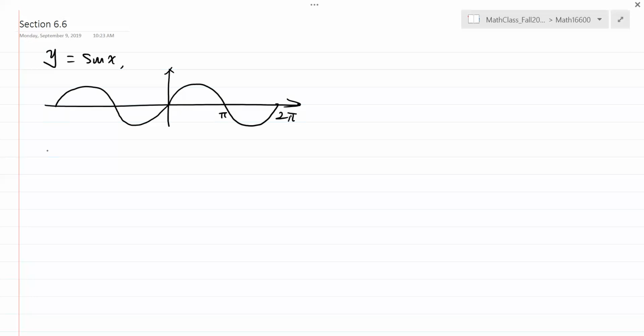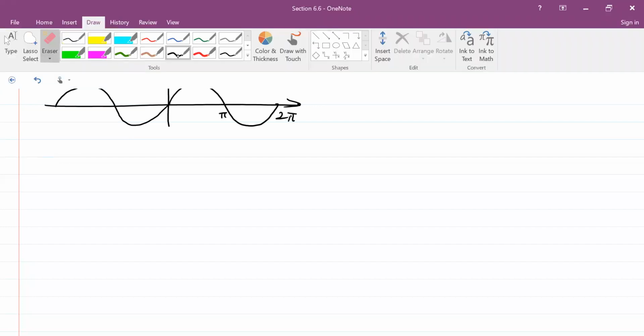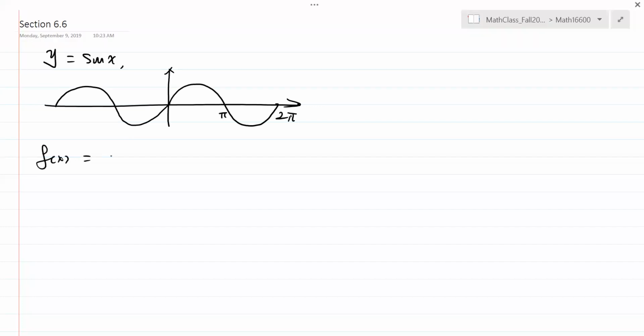Okay. We are going to consider sine x, the following piece only, which is going to be f of x equal to sine x, but x is between negative pi over 2 and positive pi over 2, and then we can include those two endpoints.